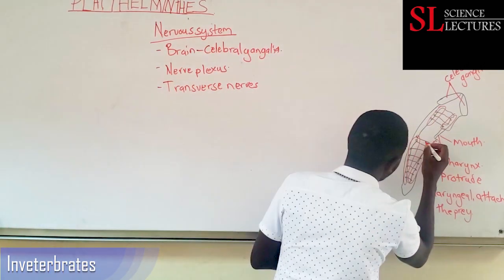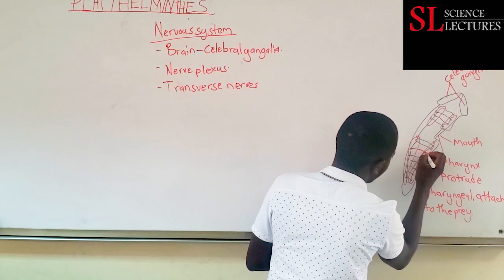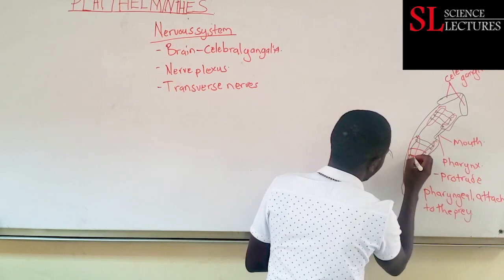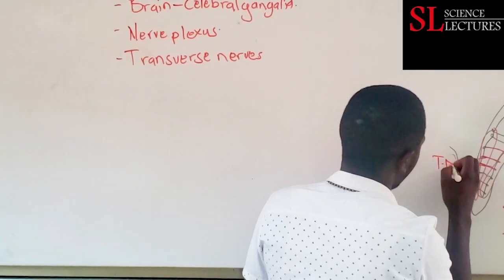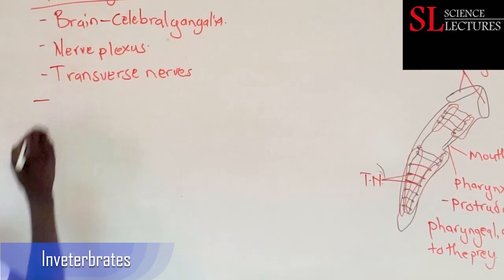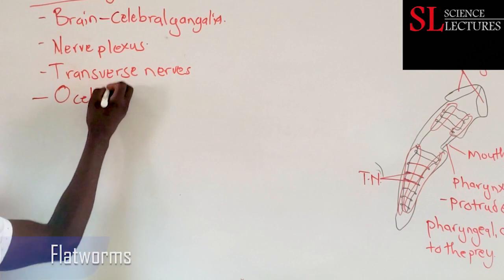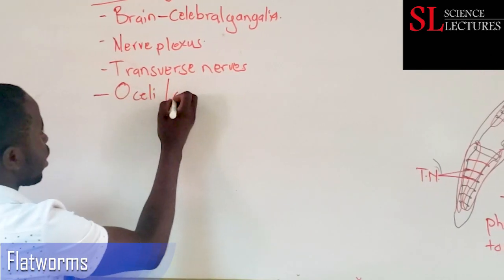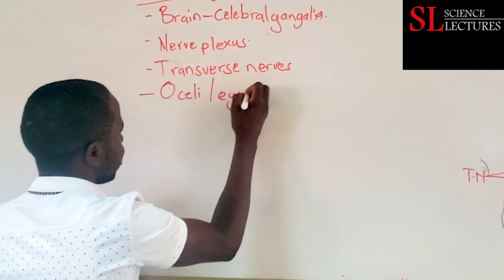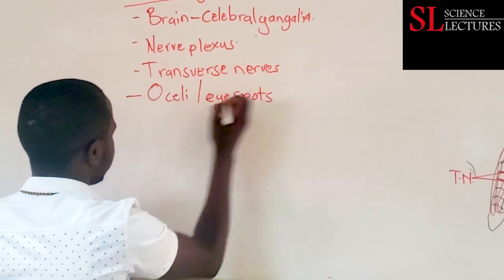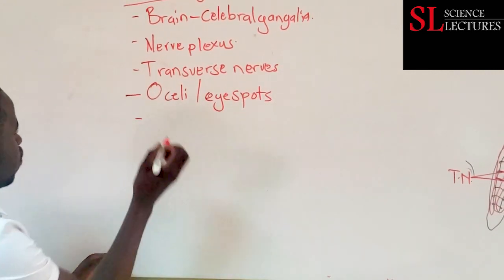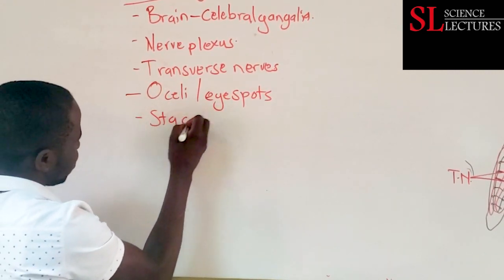These nerves that you're seeing, these ones that move from this side to this side, are what you call the transverse nerves. Then they also have what we call ocelli. If not ocelli, they are called eye spots. Then they have statocysts.